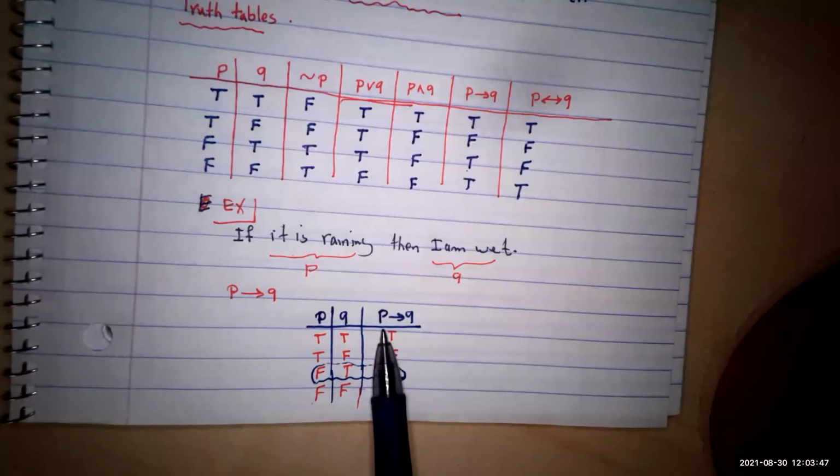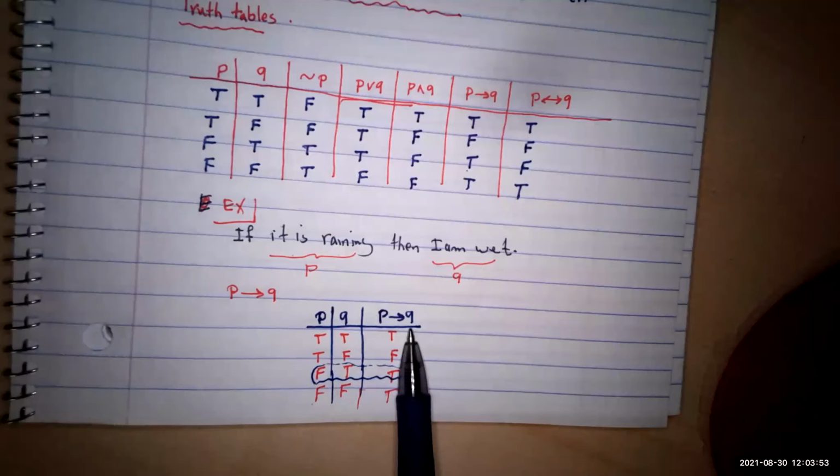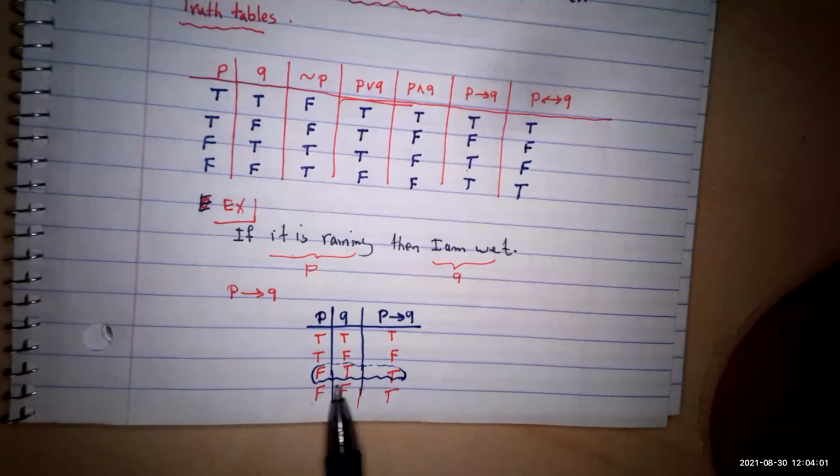You are not going to get the Q. If P is given to you, you have to follow the rules. So what you have is P false, but Q true. This cannot be a violation, so in that case the statement is going to be true.